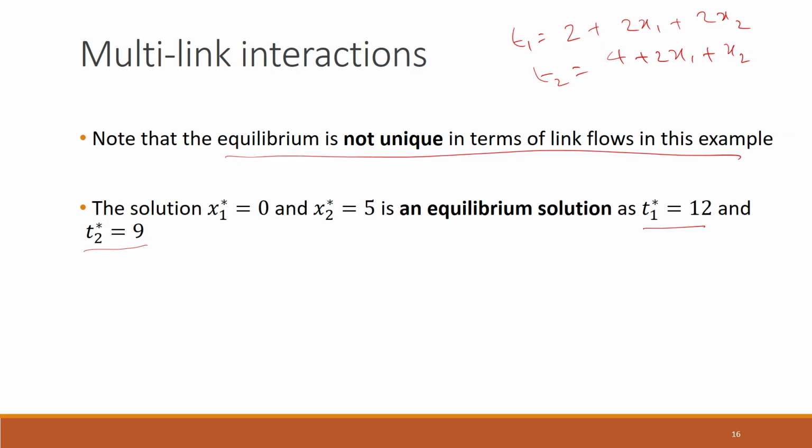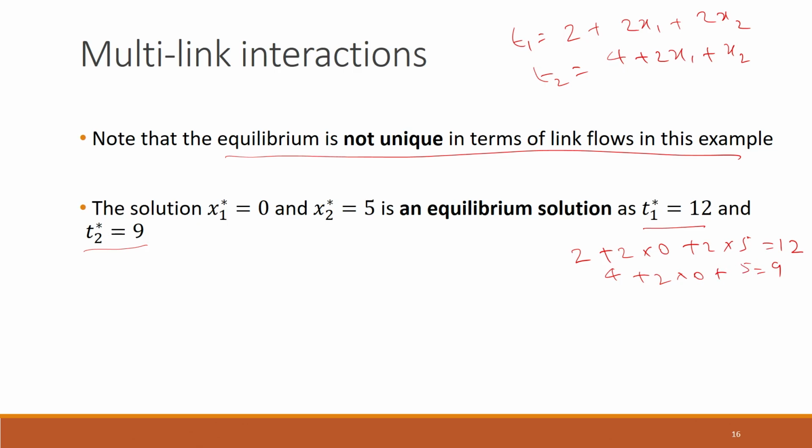So, if you fix x1 star equal to 0 and x2 star equal to 5, the travel time on the first link is equal to 12, whereas for the second link it is equal to 9.